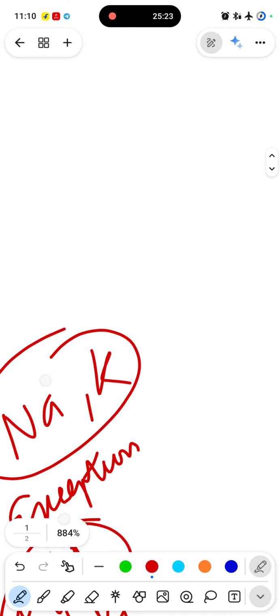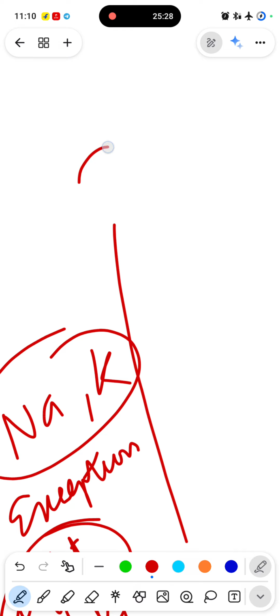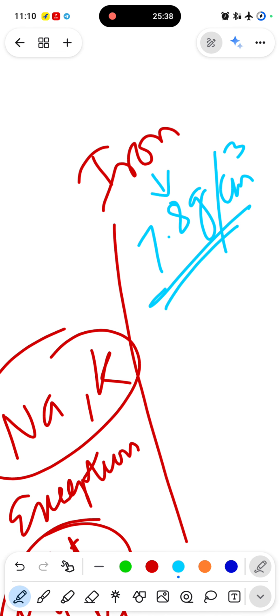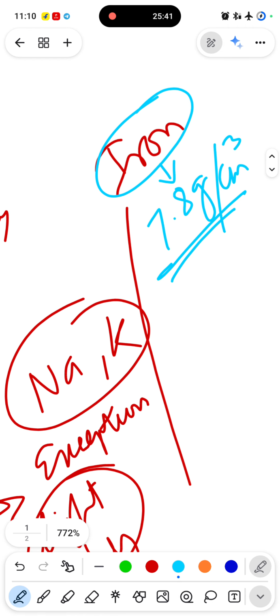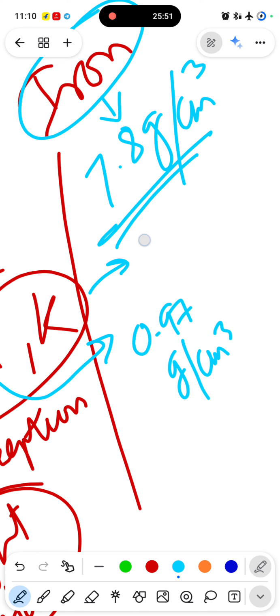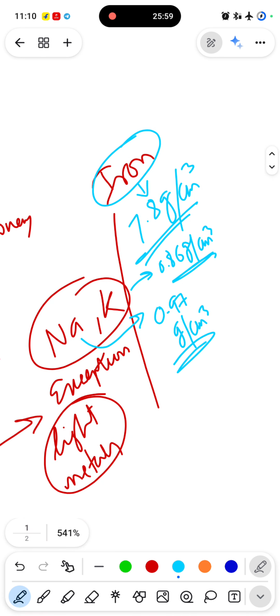They are called light metals. Except these, all other metals are denser. For example, the density of iron is 7.8 gram per cubic centimeter. Sodium is around 0.97 gram per cubic centimeter, and potassium is 0.86 gram per cubic centimeter. That is the main thing.